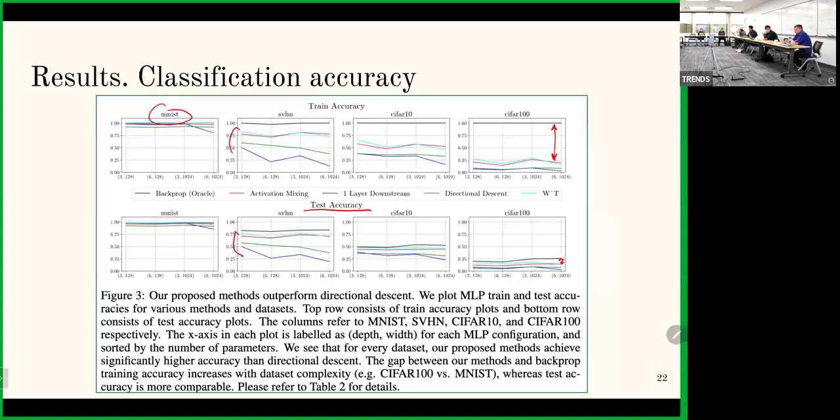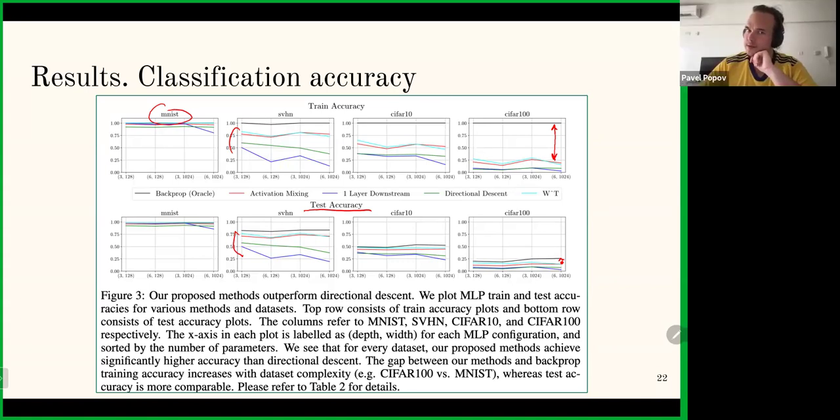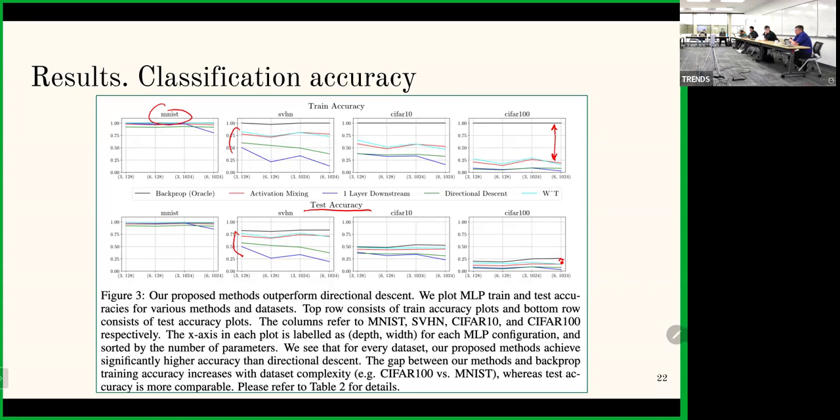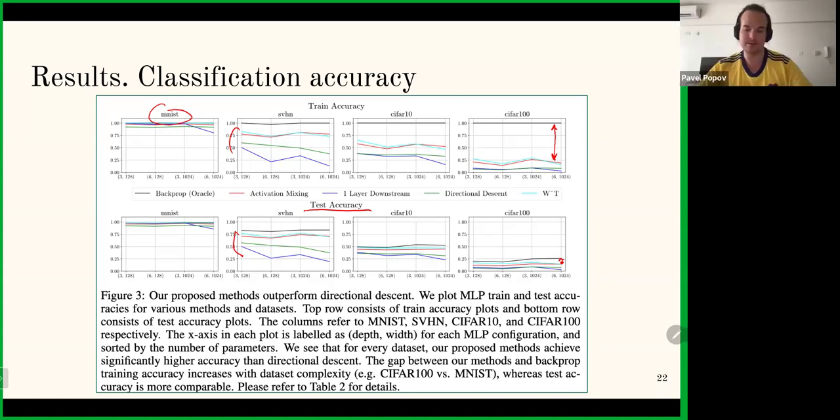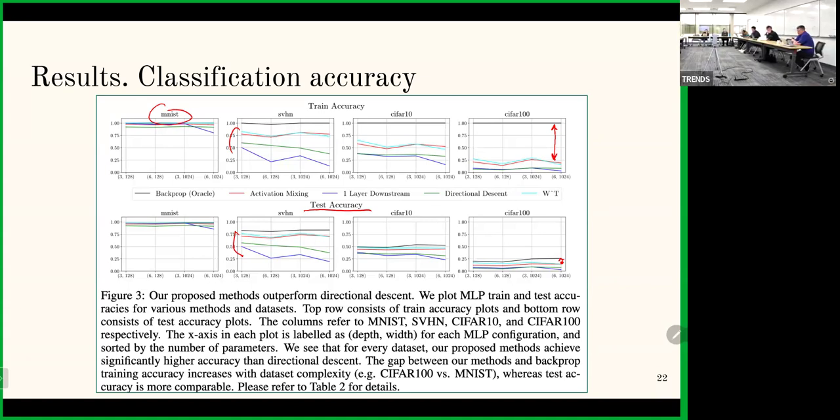This figure is finally clear, but the message is unclear. Where did this get published, Pavel, do you know? Last year, I think, maybe January. I don't remember. It looks like ICLR formatting.